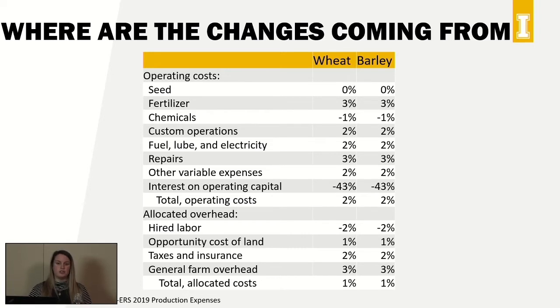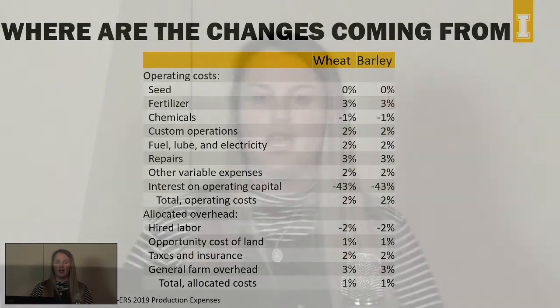But we see chemicals are down, custom operations up, fuel, lube, and electricity up, repairs up, and then you see interest on operating capital. Farmers were actually not taking out that large of loans this year. They weren't having a lot of payments on these operating loans as much as they did the year before. So maybe that's because of government payments this year or what have you, but there has been a decrease in interest on operating capital.